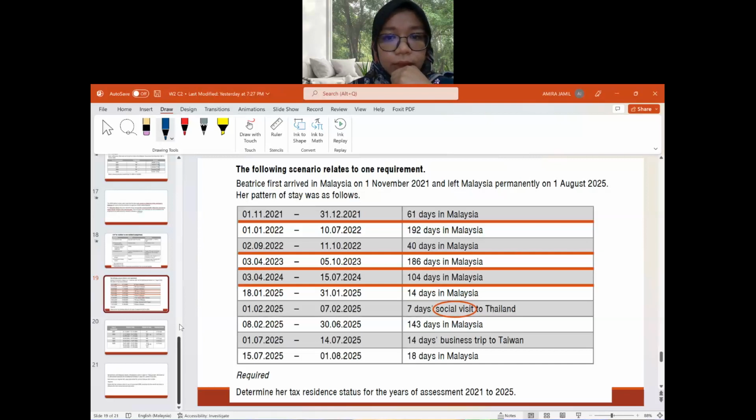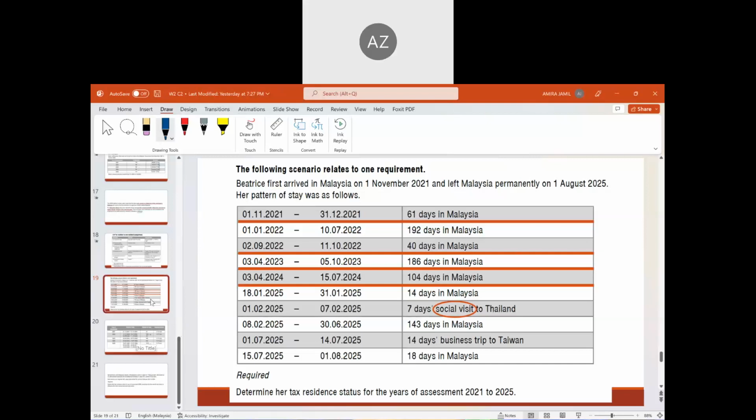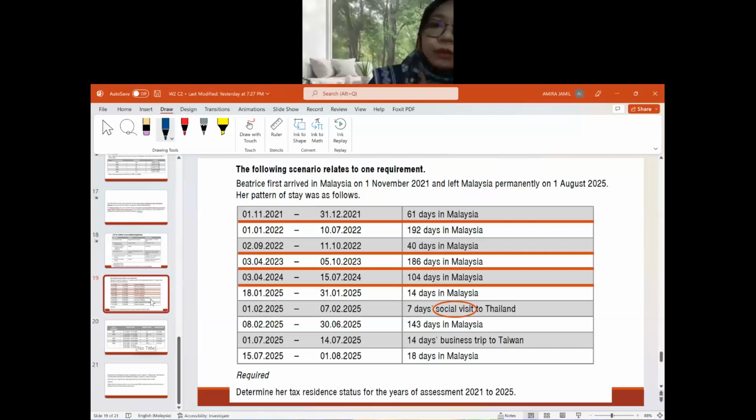Okay, Doktor. So let's attempt this one, for YA 2021, YA 2022, 23, 24 and 25. For which YA can we apply rule number 1 here?